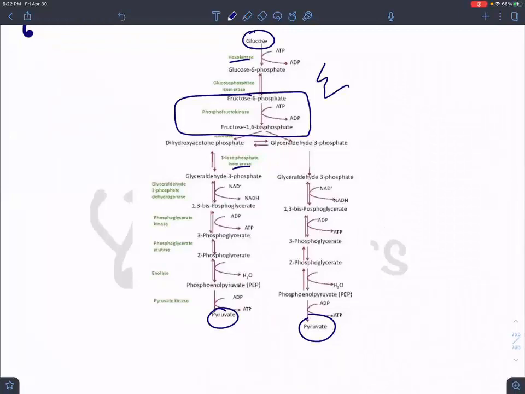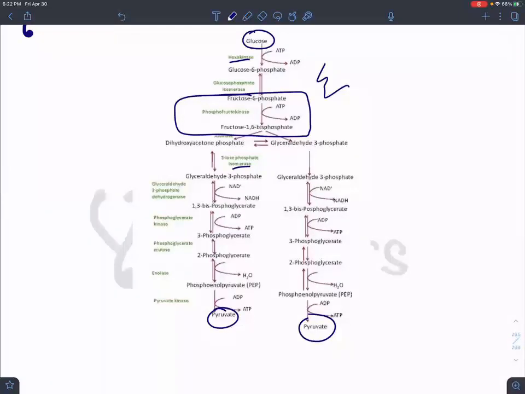It's the most important enzyme. Its mechanism may be somewhat confusing, but follow the track I'm telling you to follow. Don't use your own brain. Just follow the track, then only you can get the knowledge about this regulation of PFK.